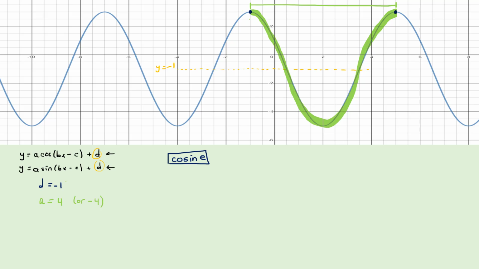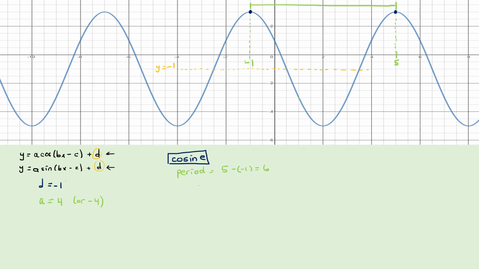This x value is negative 1, and this x value is 5. So the period is 5 minus negative 1, which is 6.